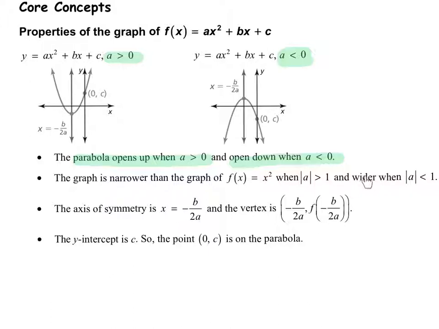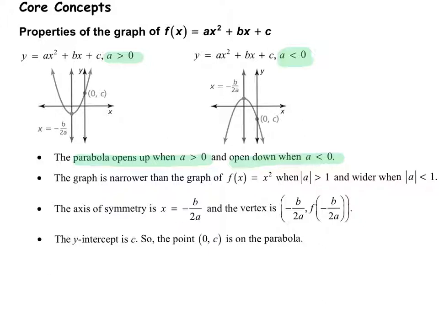Okay, and then it gets wider, or it does a shrink, when the absolute value of a is less than 1. Now remember, we use the absolute value of a here because negative a just tells us that we're opening down, and positive a tells us that we're opening up. So the negatives have nothing to do with the narrowing or widening of the parabola.